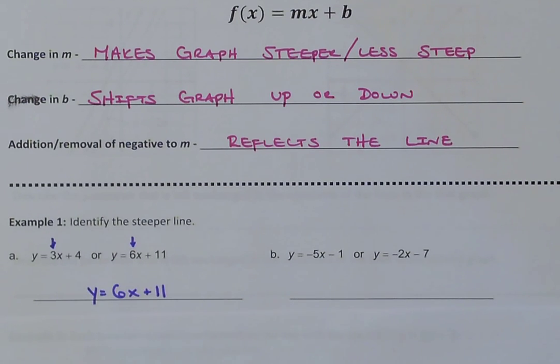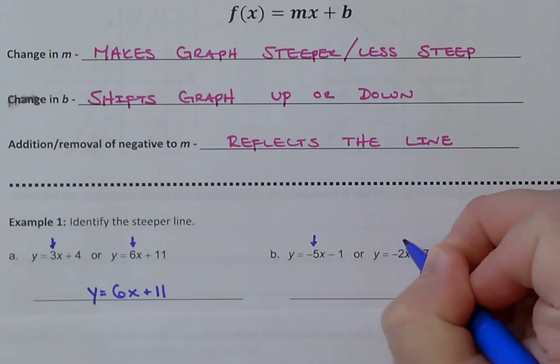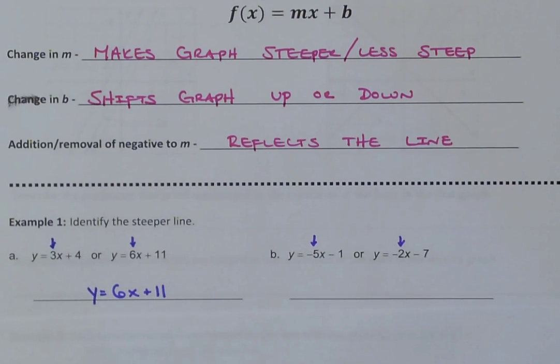Alright, if we look at B, we have negative 5x and then negative 2x. Which of these is steeper? Don't think of it as the fact that negative 5 is less than negative 2. Just think of it as between 5 and 2, which one is greater?